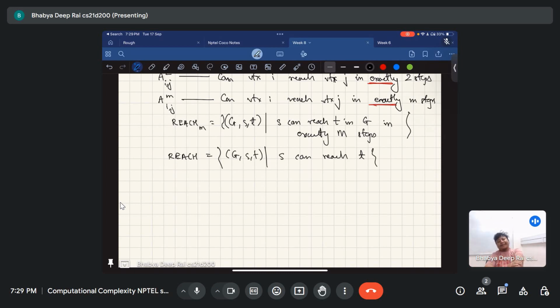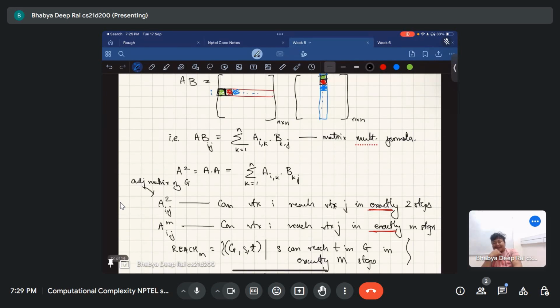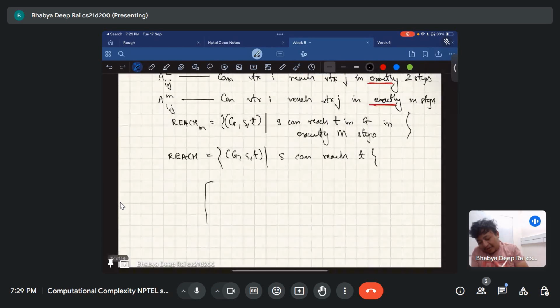So what is happening here? Can I use this multiplication to do this? I really cannot, right? Because this is talking about reachability in M steps. I want reachability in any number of steps. So what is innately happening is that when I multiply two matrices, some values get turned to 0, and some values are 1, but when I multiply, they get turned to 0.